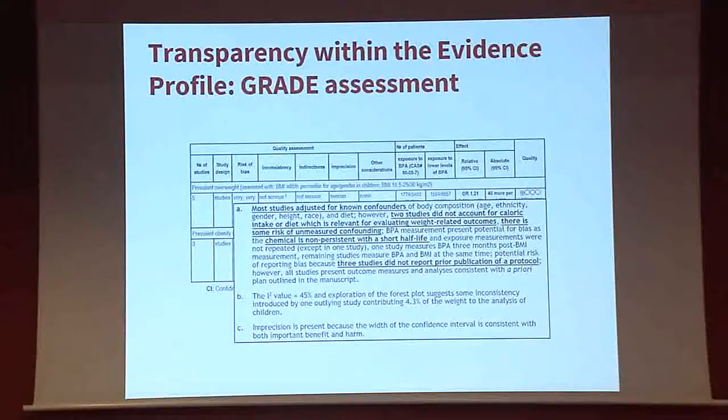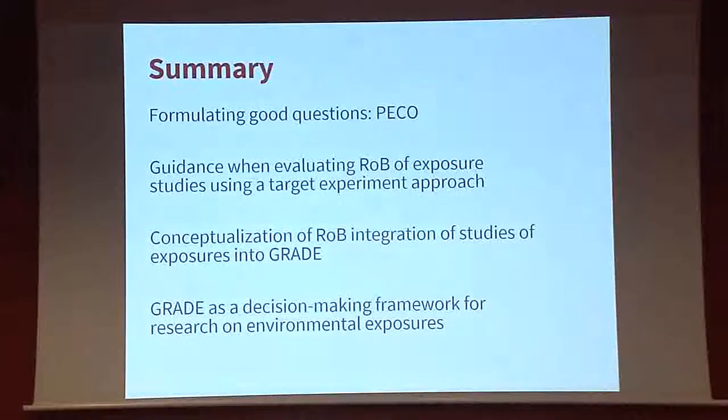And that would be supported by judgments to then make an overall assessment of how good the evidence is that BPA, for instance, is associated with these types of weight problems. Detailed description: most studies at risk of bias, although they adjusted for known confounders, residual confounding was still a big problem.